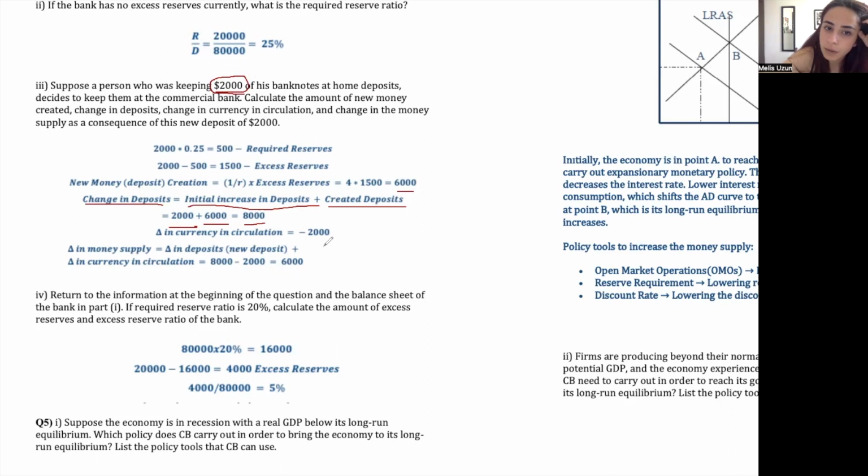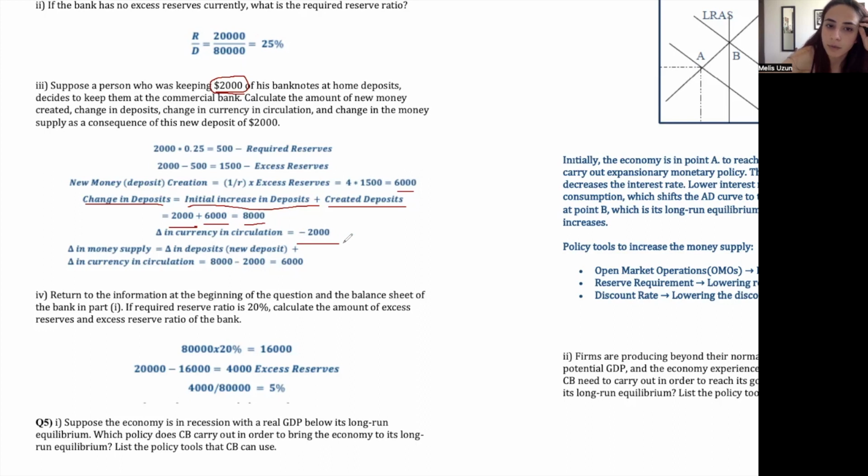Change in currency in circulation: his 2,000 was currency in circulation, and he decided to keep it at the bank. So there is a minus $2,000 decrease in the currency in circulation.